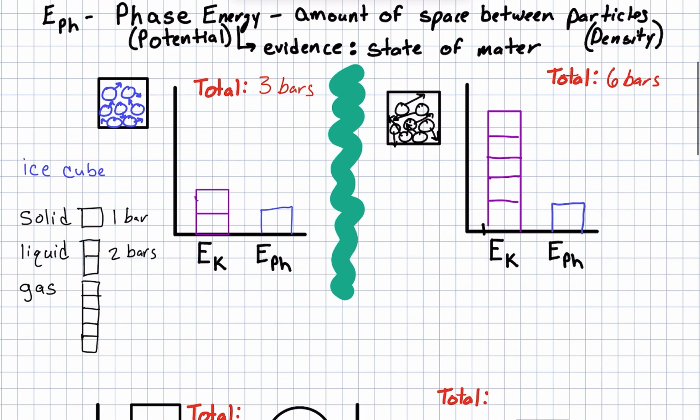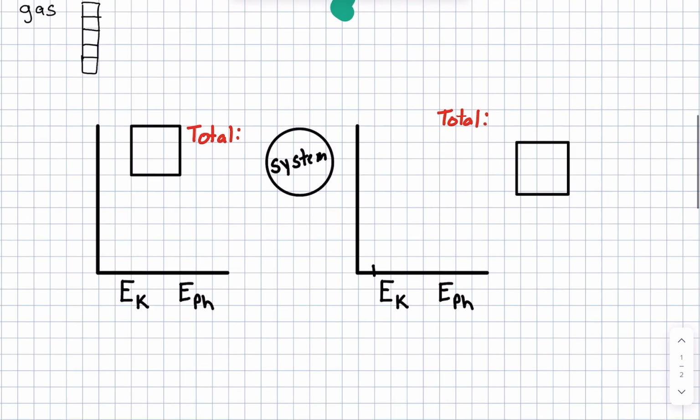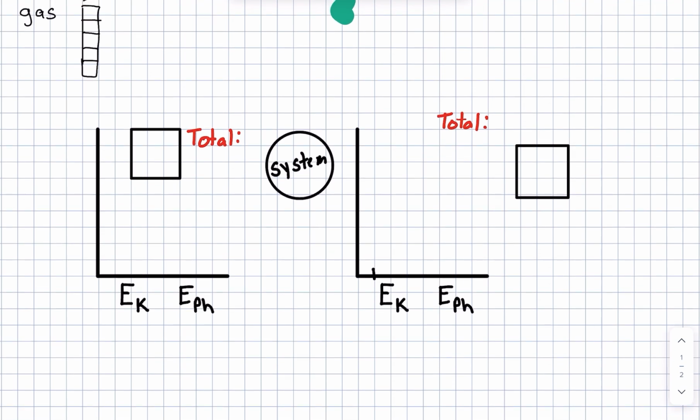How would this look different if my solid was going to a liquid? So let's say maybe I have ice that's going to go to liquid water. I say liquid water because it's water even when it's ice.